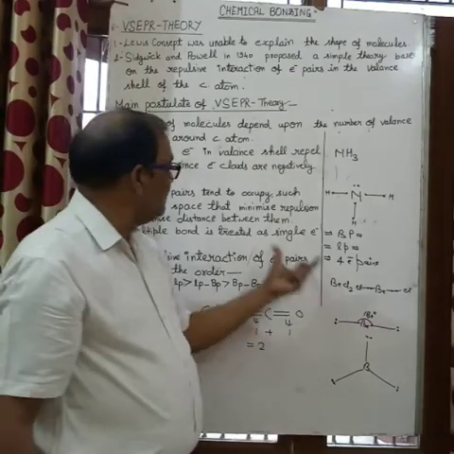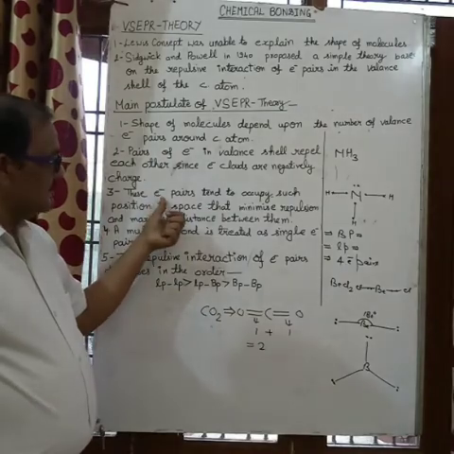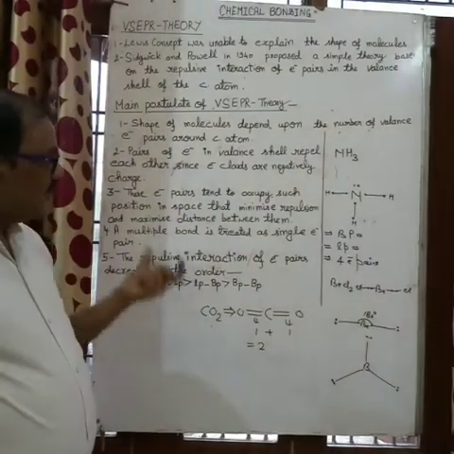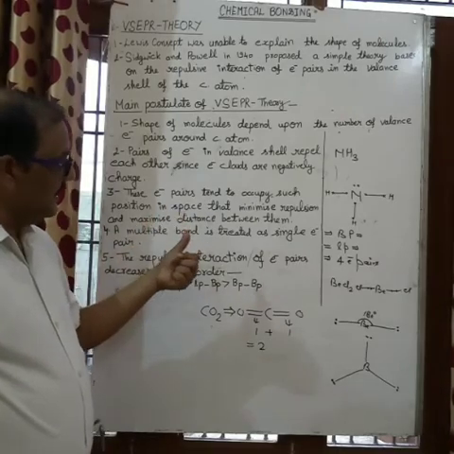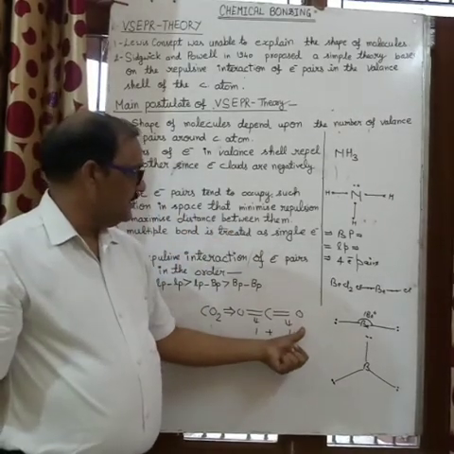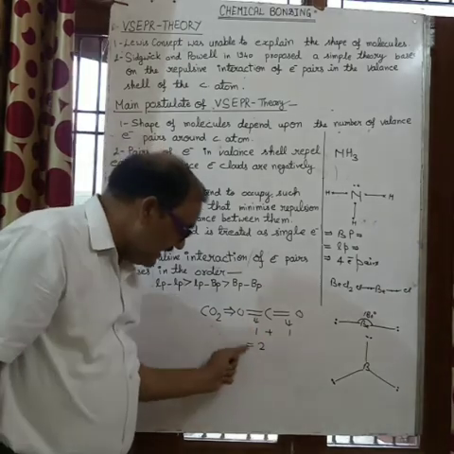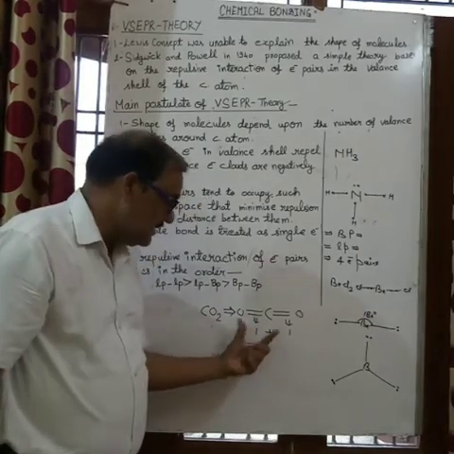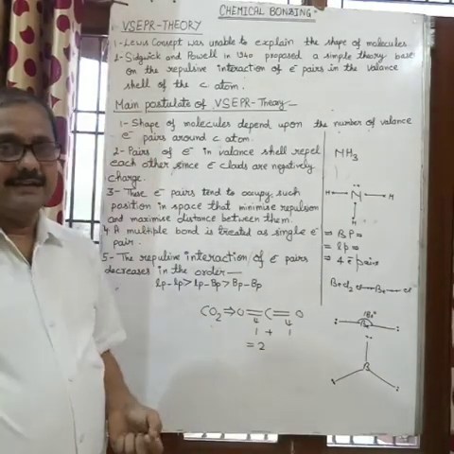And according to the concept that electron pairs occupy such positions in space that minimize repulsion and maximize distance, if there are two pairs of electrons present, then the geometrical arrangement is linear.